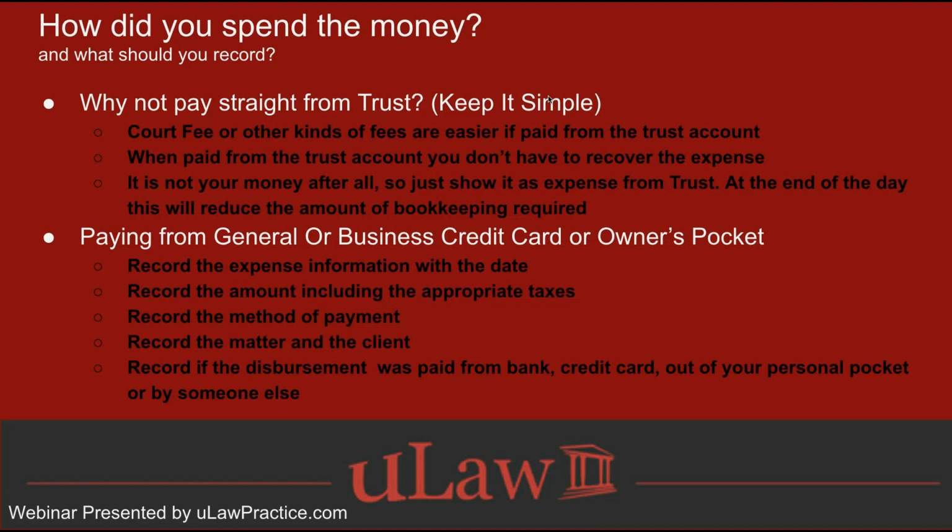You have outsourced some work to a translator or a notary, and you've incurred $100. However, you want to keep a profit margin on that $100 and charge your client $150. You can do this by paying disbursements from general. This is where the top portion and bottom portion come into the picture, guys.